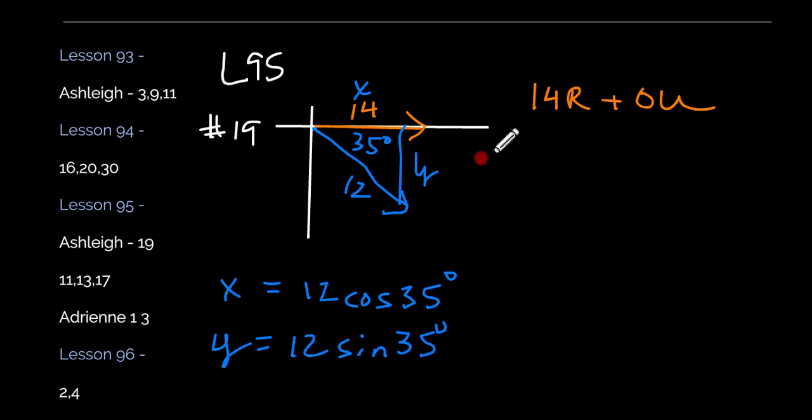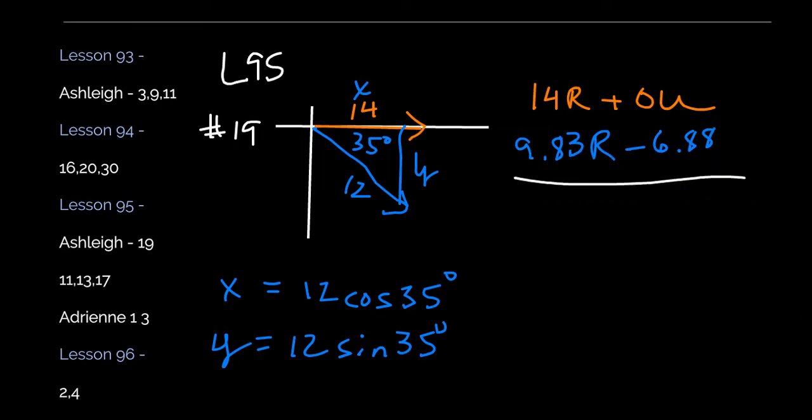And we get 9.83 right. Now we're going down for the y. So we're going to do the same thing, 12 times the sine of 35. And even though in your calculator it comes out positive, we're going to do negative 6.88.